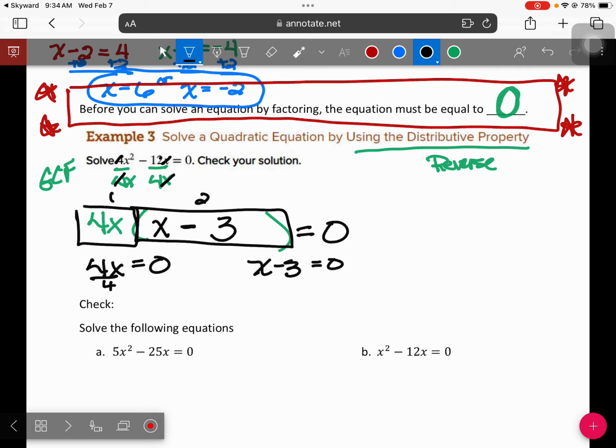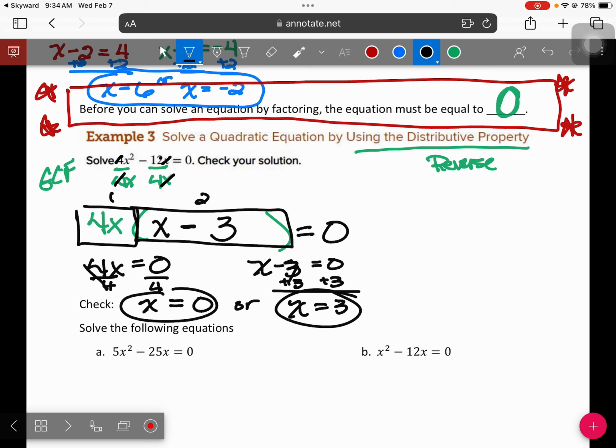Divide by 4, divide by 4, so we find out what our x is. x is equal to 0, or add 3, x is equal to 3. Those are your two solutions for that quadratic.